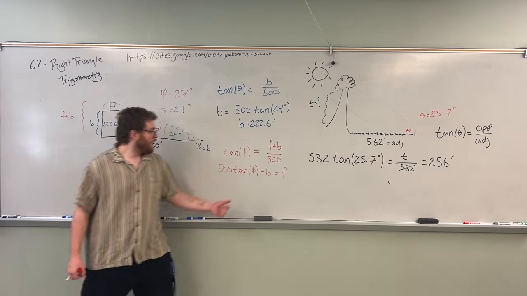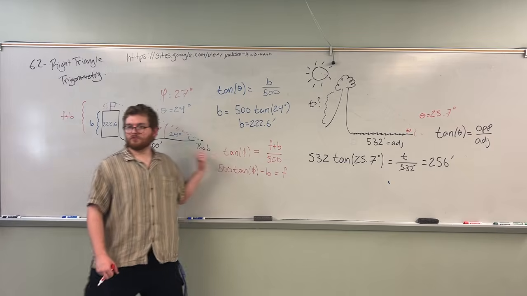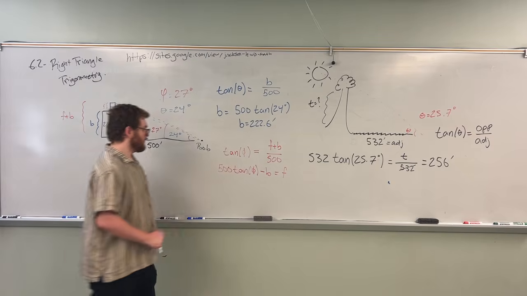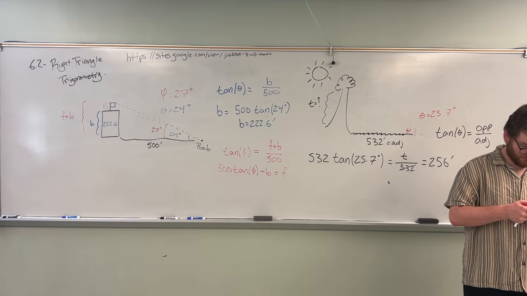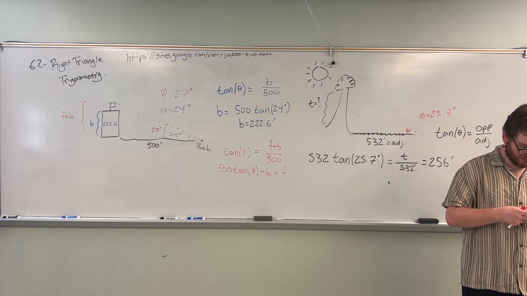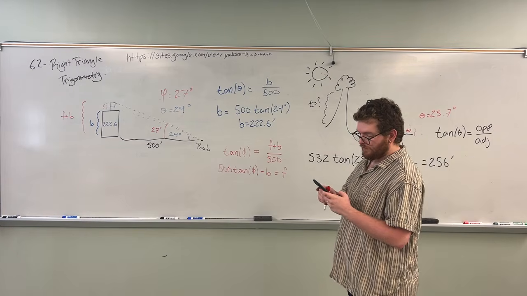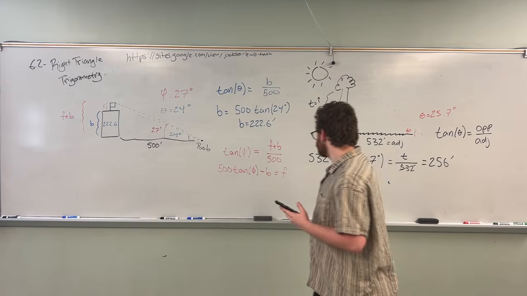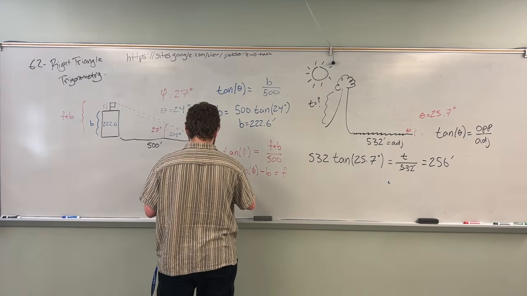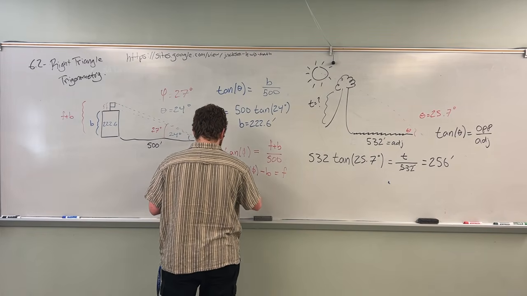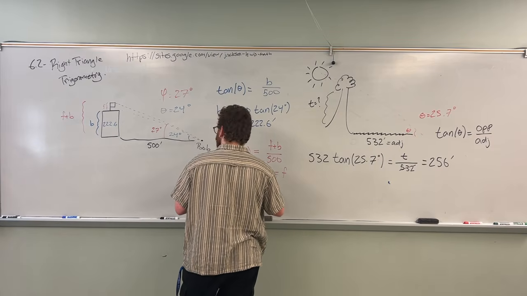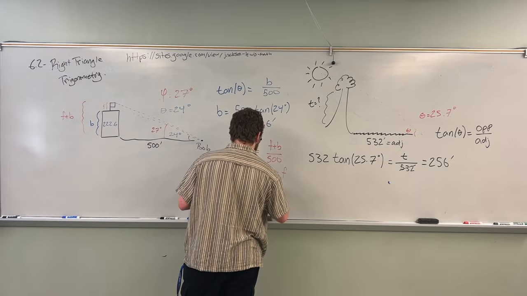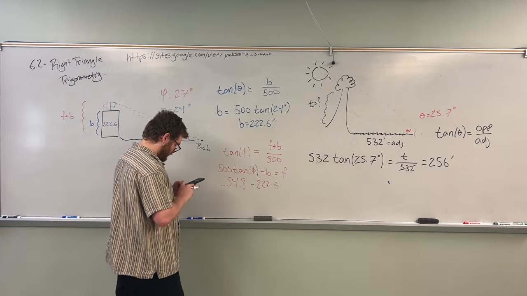Cool. I know what B is. It's 222.6. So 500 tangent of 27. 500 tan 27, I get 254.7. Oh, that's actually 8. 254.8 minus 222.6.